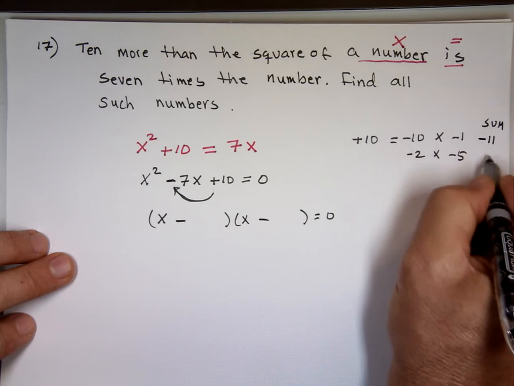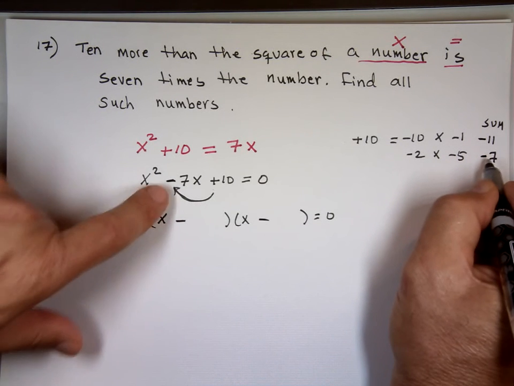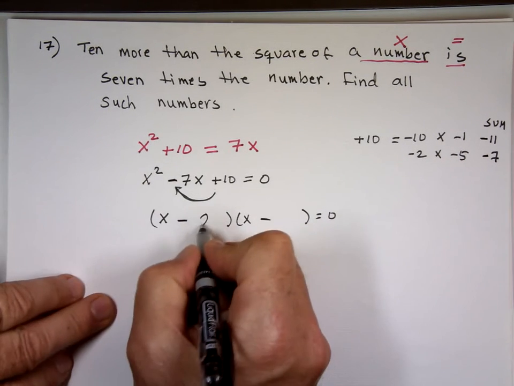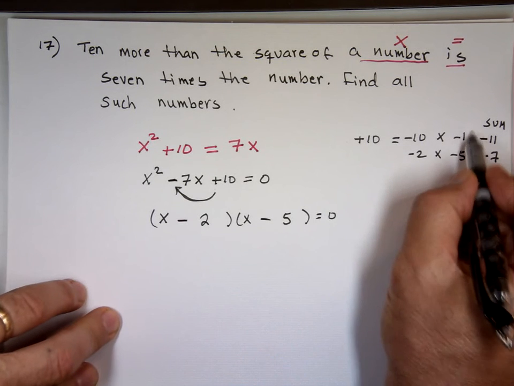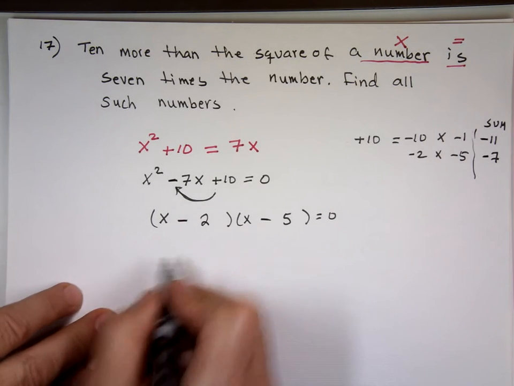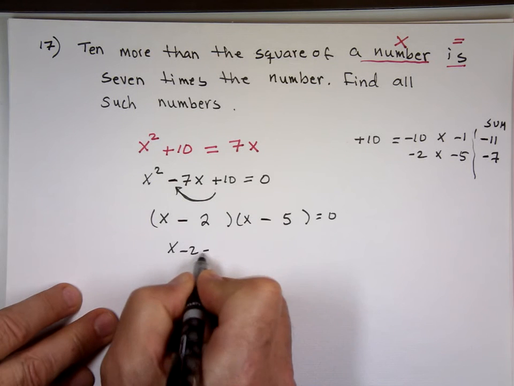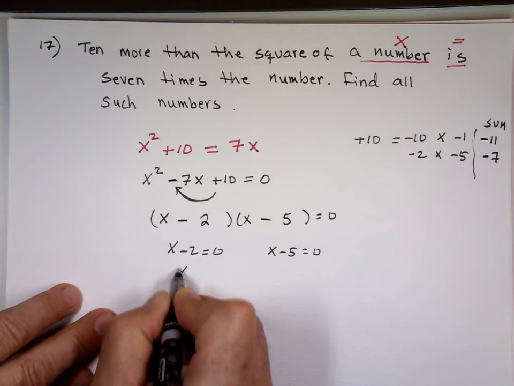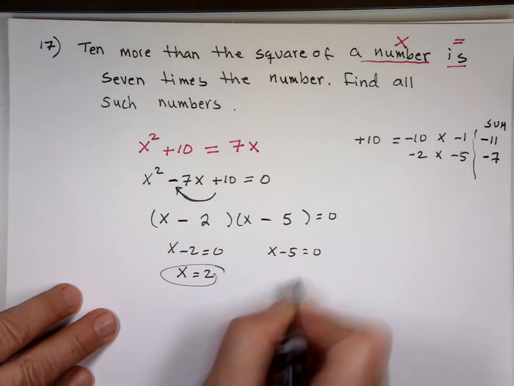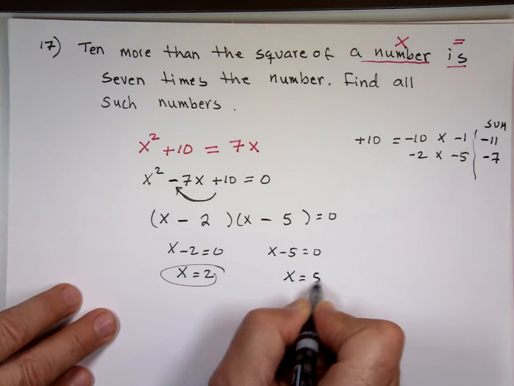That's what you want it to be. So it's a 2 and a 5. Set each factor equal to 0 and solve it. X equals 2, X equals 5. So both of these actually will work.